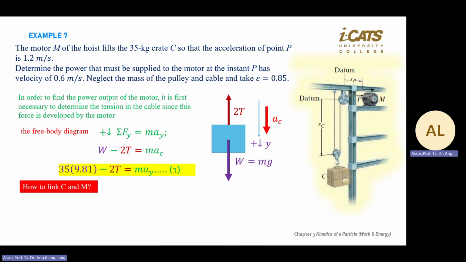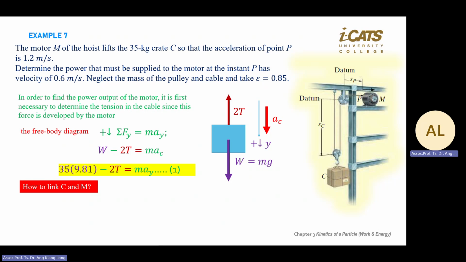Then the next question is to link the C with the motor. So you link C to motor using the pulley equation. All right. So from the diagram, you know that if you pull P one time, let's say you pull 1 meter per second, C will go up 0.5 meter per second.